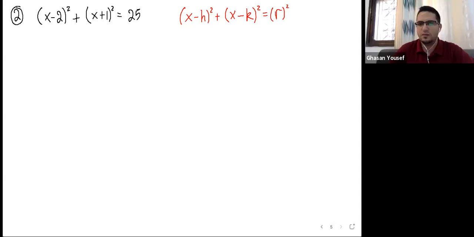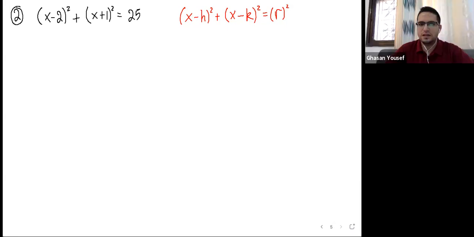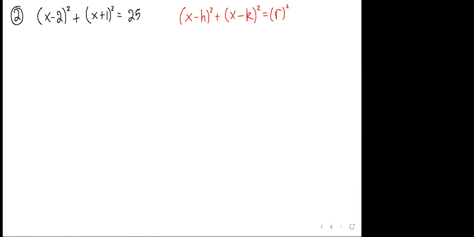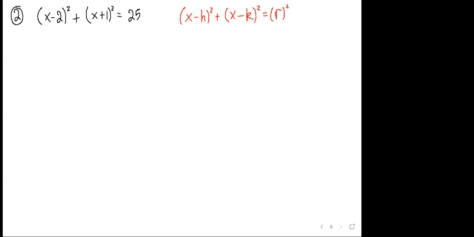Anyone want to do this one? I have a question. So the center is positive 2 and negative 1, right? Yes. Can you rewrite it in this form?